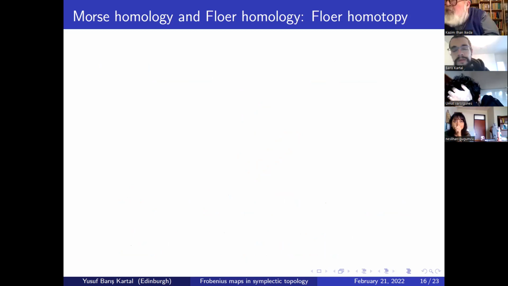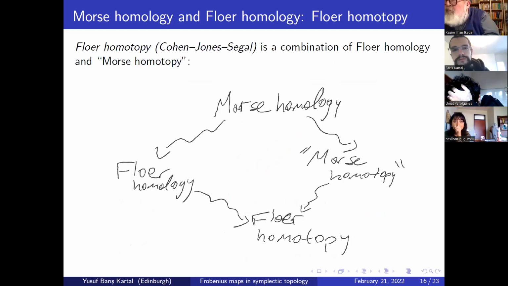Okay, so Floer homotopy is just a combination of the ideas that I call Morse homotopy and Floer homology. Indeed, as far as I remember, the purpose of Cohen-Jones-Segal to begin with was to define the Floer homotopy type, not only to recover the stable homotopy type of the manifold.